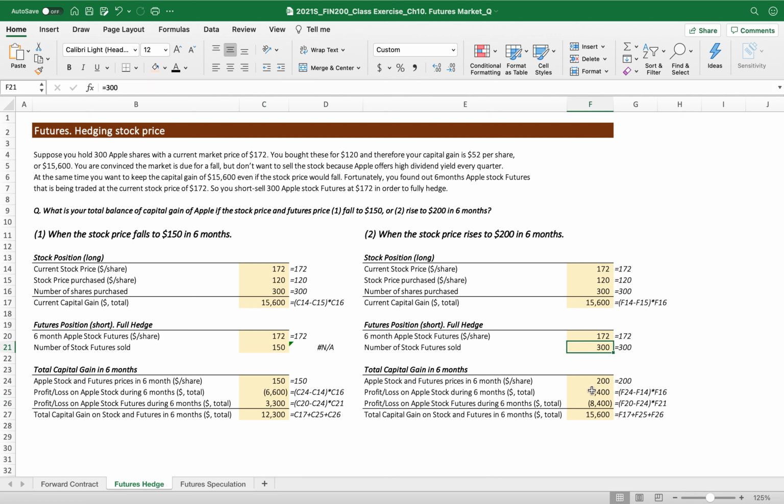If we hedge just 150 shares, then we make more profit on the stock than on the stock futures. That is some part of a hedge. In this case, we have a full hedge, the same number of shares purchased.